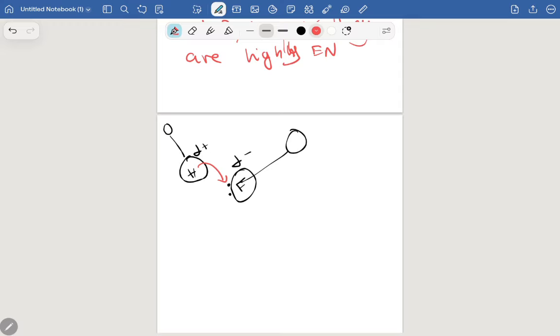I kind of drew it wrong, to be honest, because do you remember from chapter 3, it's supposed to start from the lone pair to the deficit.